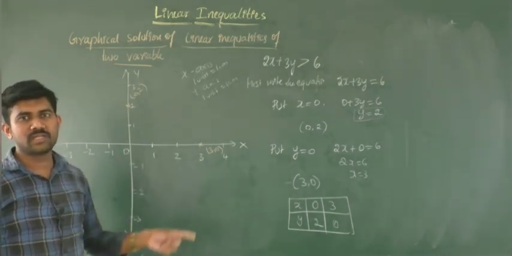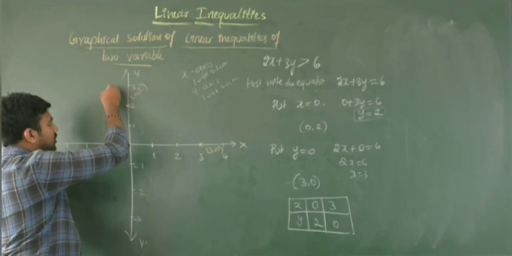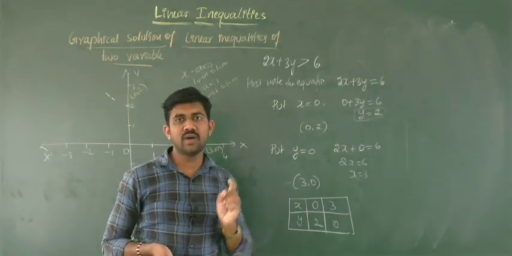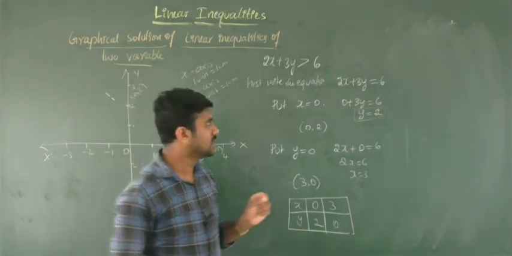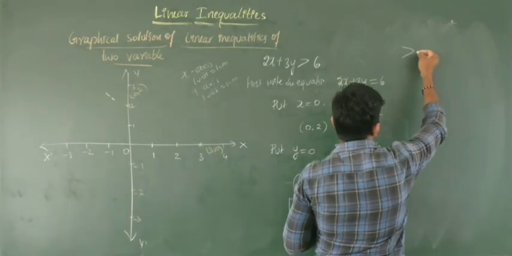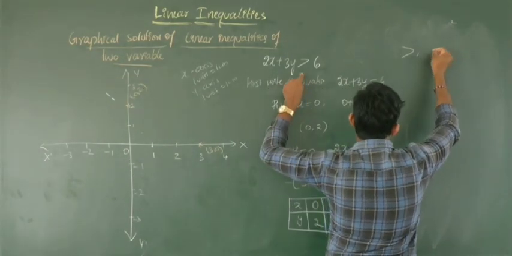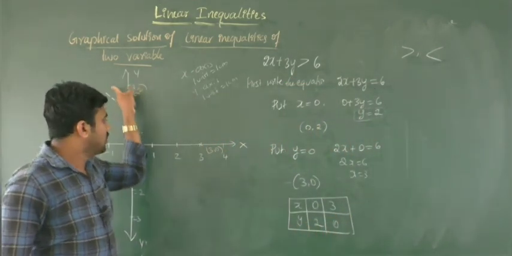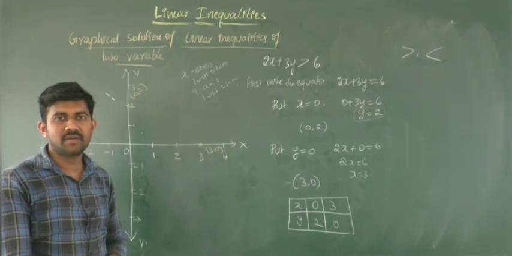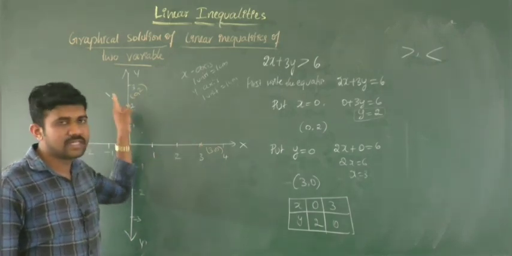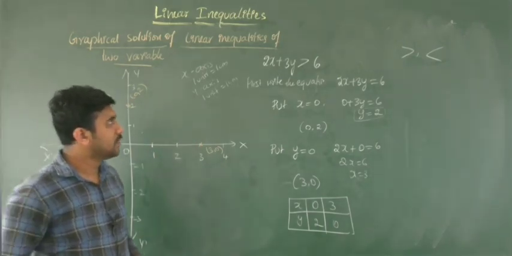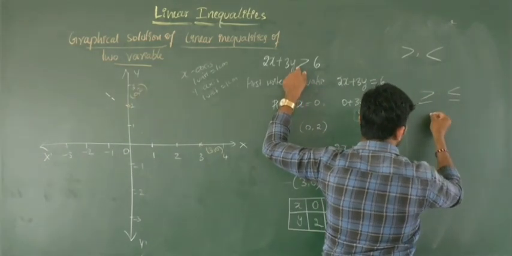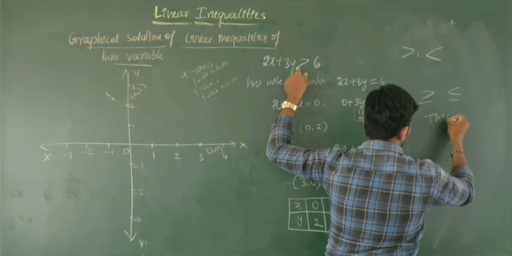Now join the points. If you have a strict inequality, meaning the symbol is either greater than or less than, then you have to draw a dotted line. But if you have a slack inequality, then you have to draw a thick line.